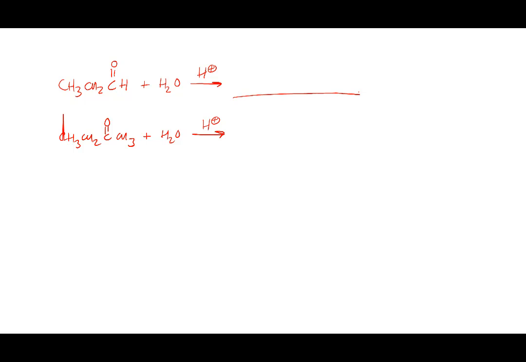Then you're stuck. So what should we do if you're stuck and you haven't learned that yet? First step in the mechanism. What's the first step in this mechanism? Protonate the carbonyl oxygen. Which way does the arrow go? O to H or H to O? O to H. Remember that for the next exam.